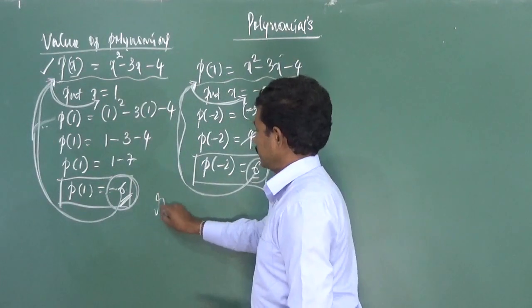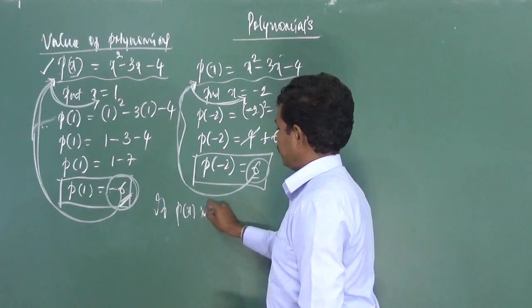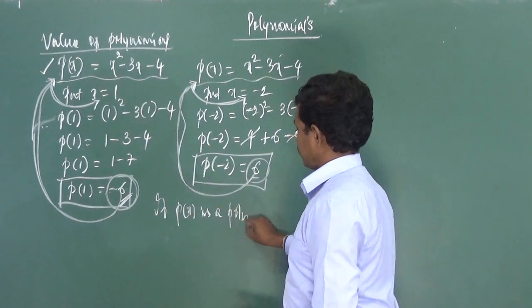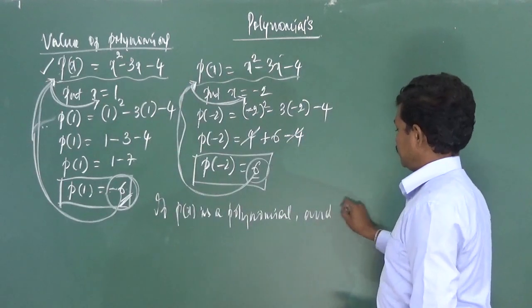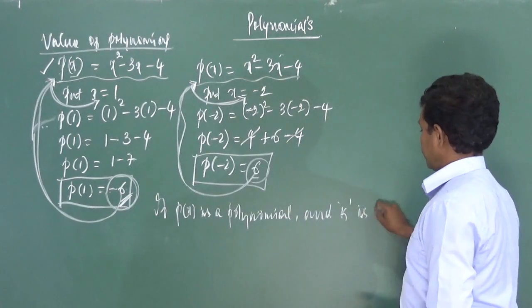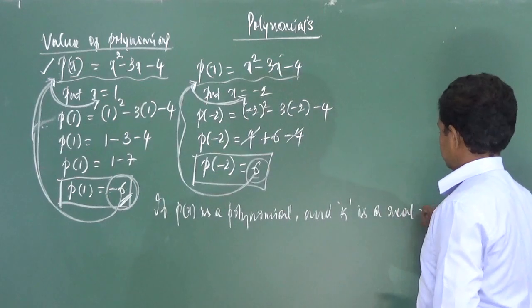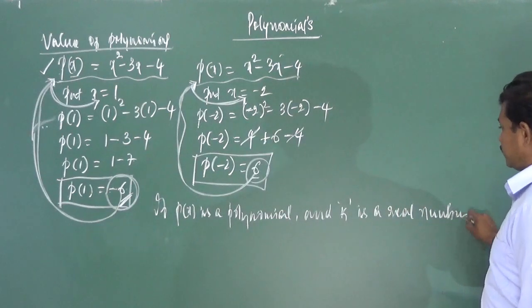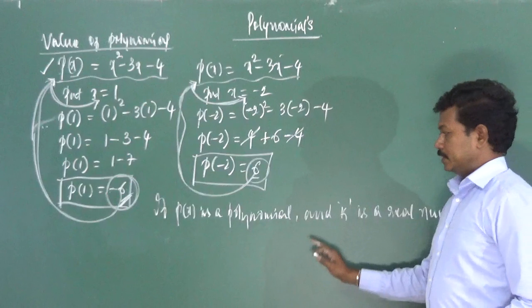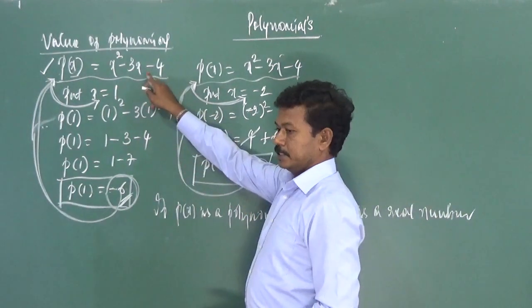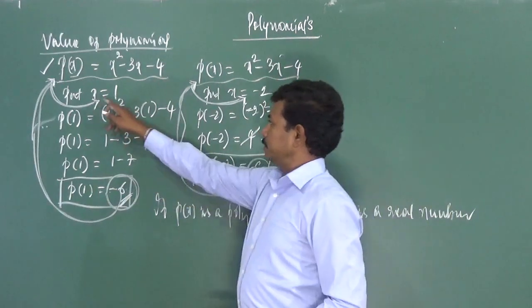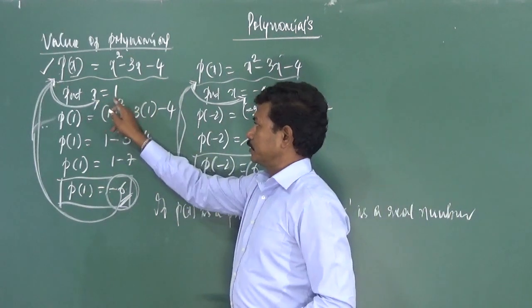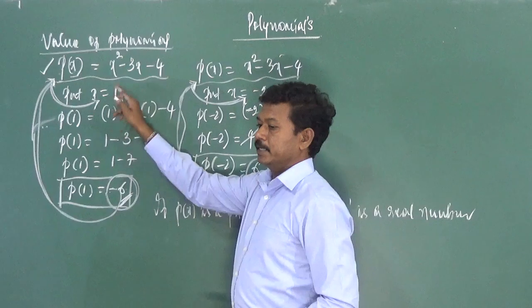Now, if p of x is a polynomial and k, for example, is a real number. P of x is a polynomial, that is what we have taken here, and k is a real number, that is, in place of x we are substituting 1, so 1 is considered to be k, that's all.